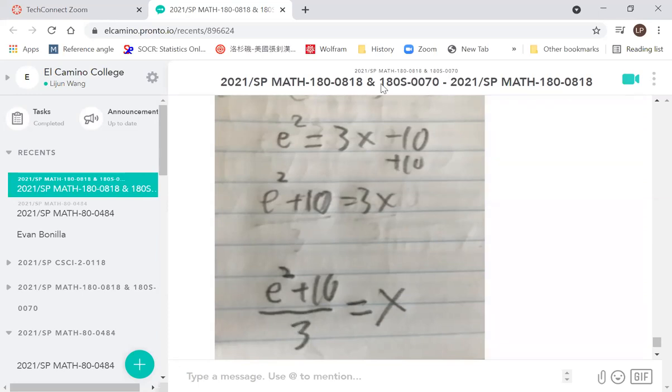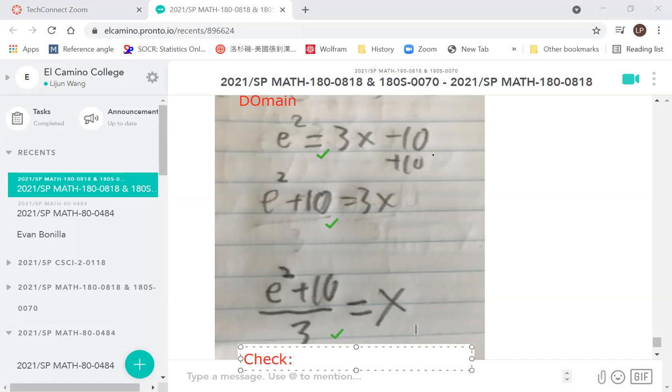So what's missing is, this is the solving part. It's all good. But what's missing is one, a domain before, and that's the check. I know sometimes we forget to do that, but we must.